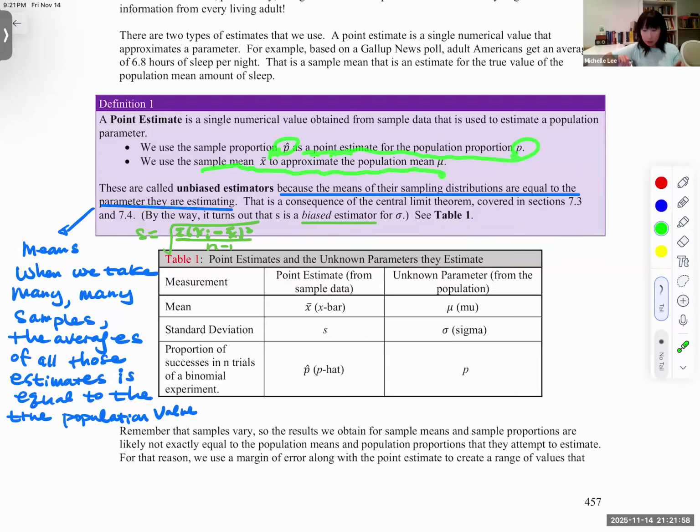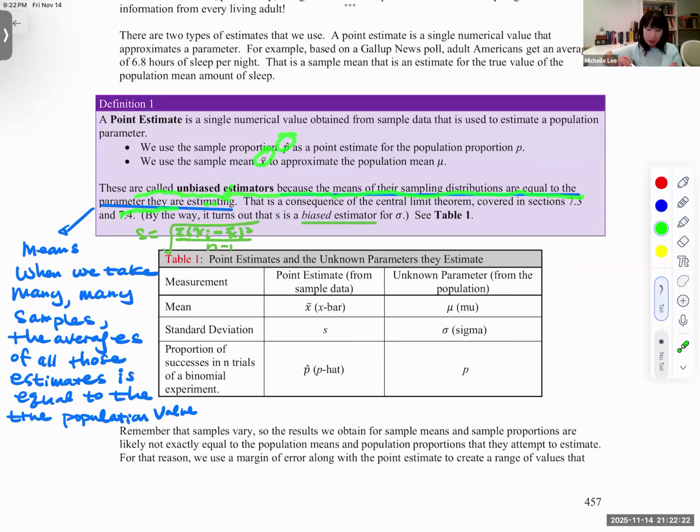We call p-hat and x bar unbiased estimators because the means of their sampling distributions are equal to the parameter they are estimating.